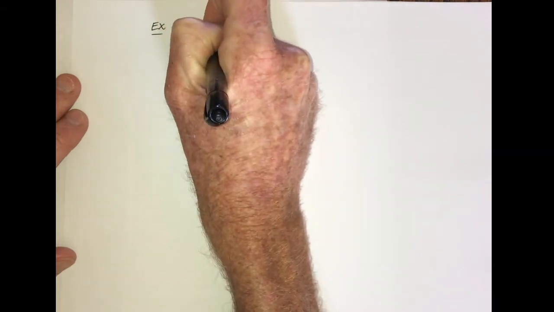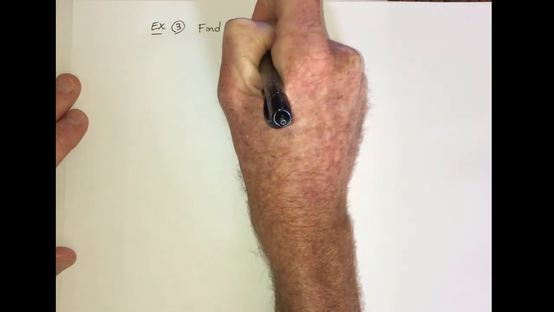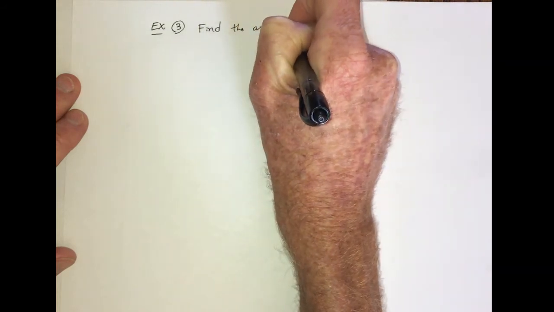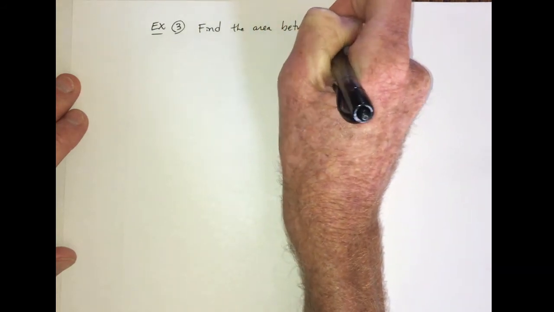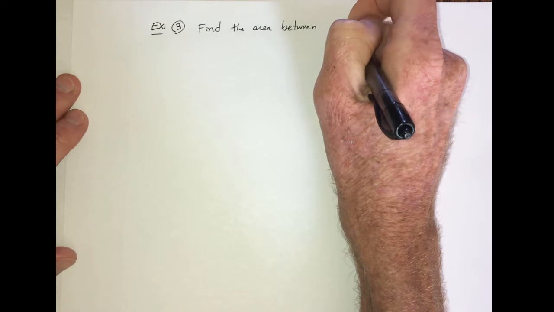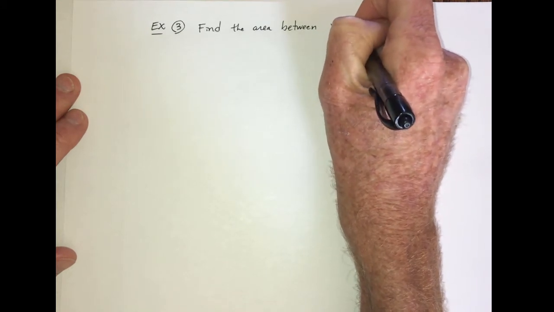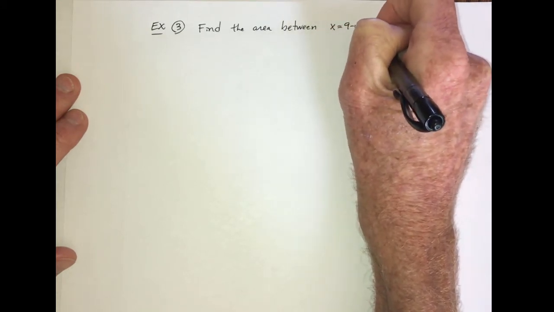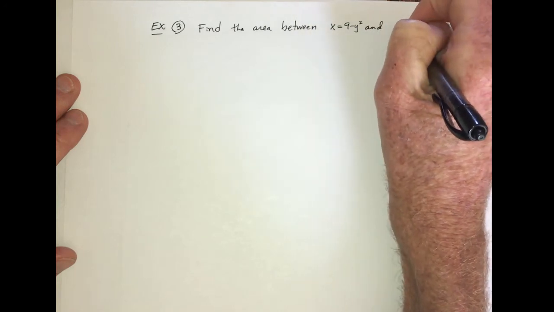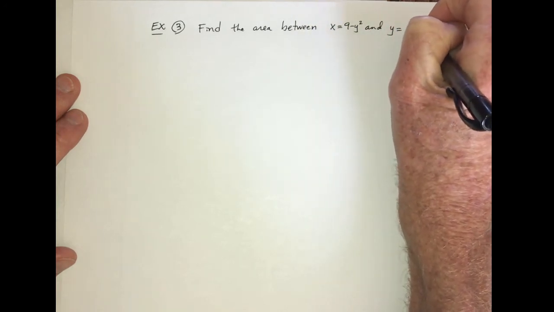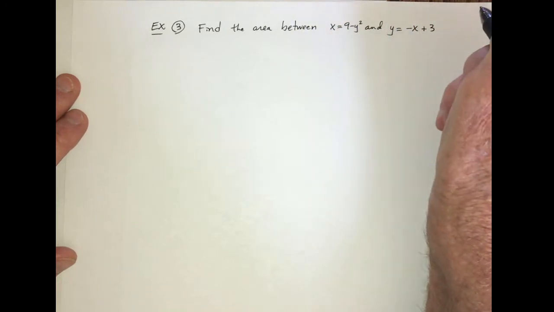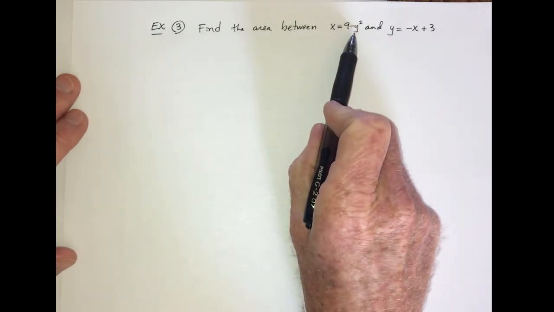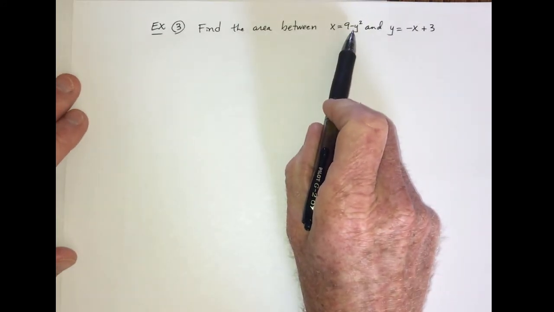Find the area between the first function is going to be x equals 9 minus y squared, and the line y equals negative x plus 3. So first of all, this one right here is a parabola.